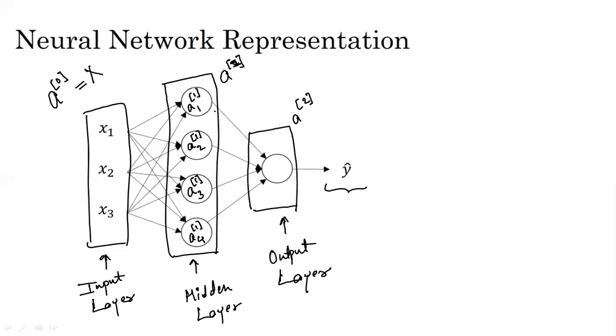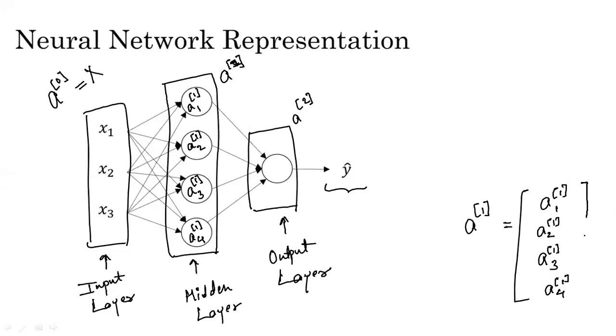Overall, for layer 1 we have four nodes, and this hidden layer can be represented as a column vector: a^[1] equals a^[1]_1, a^[1]_2, a^[1]_3 and a^[1]_4. These are the four elements of this column vector a^[1].